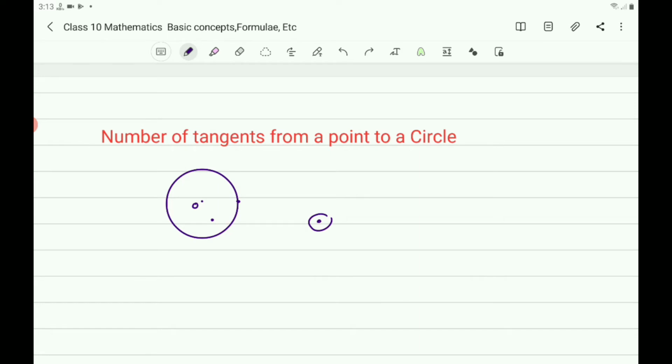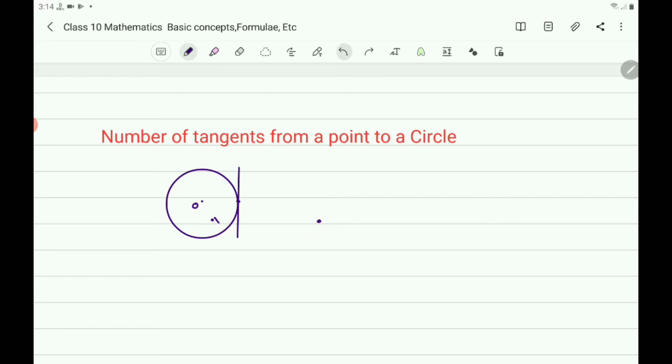That is, there is one and only one tangent to a circle passing through a point lying on the circle. Here you can't draw, but here you can draw the tangent which passes through the single point on the circle. How many tangents can you draw? Only one tangent.